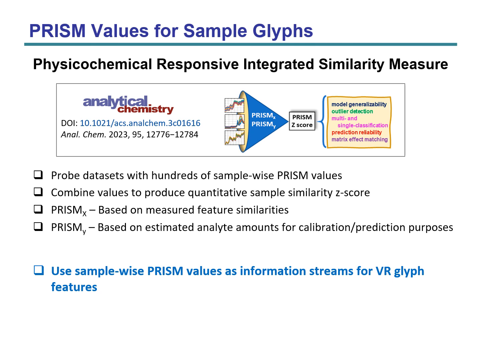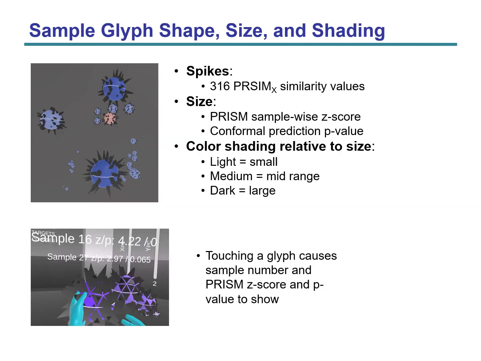This is actually useful when you have unlabeled samples, such as in local modeling, which is also where we use PRISM, and it can identify samples that are similar to your target sample based off the measured features and the estimated analyte values of your target sample. We're going to use these PRISM X or PRISM values as our information streams for our VR glyph feature.